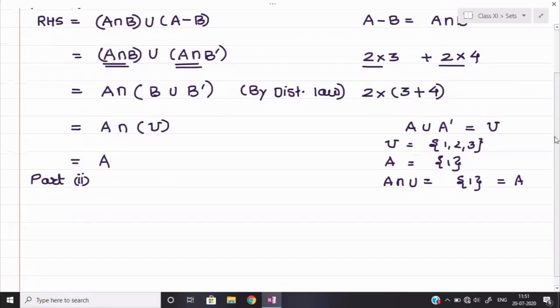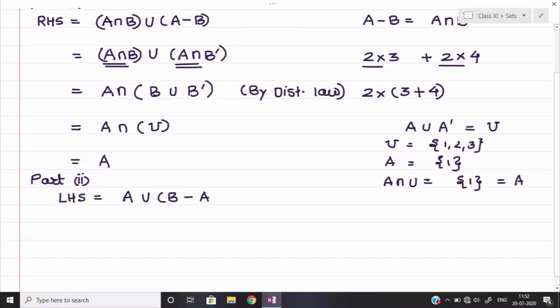The left hand side is given as A union (B minus A).